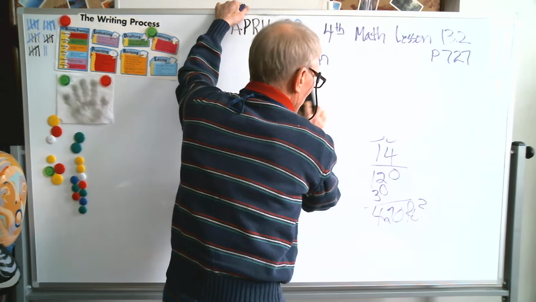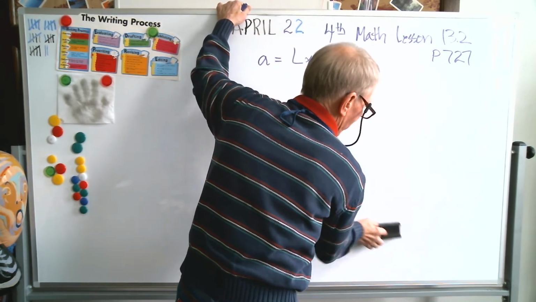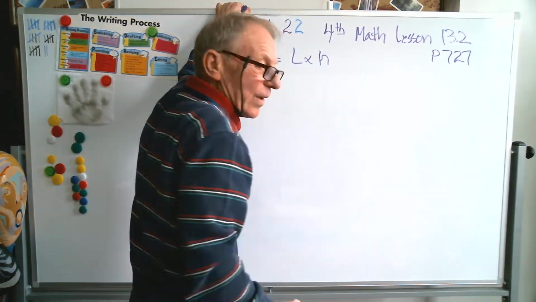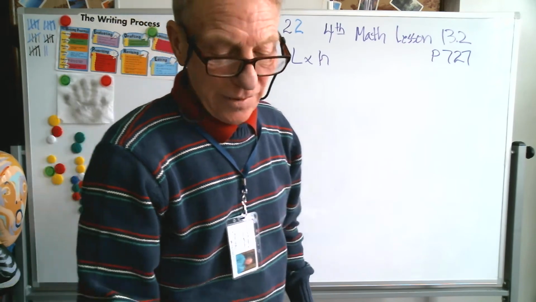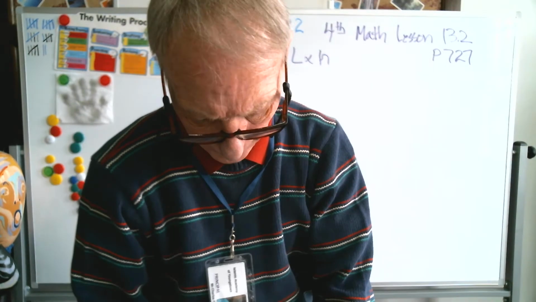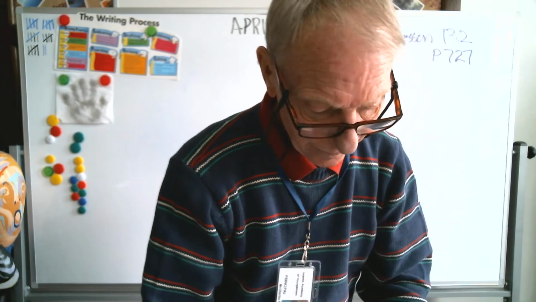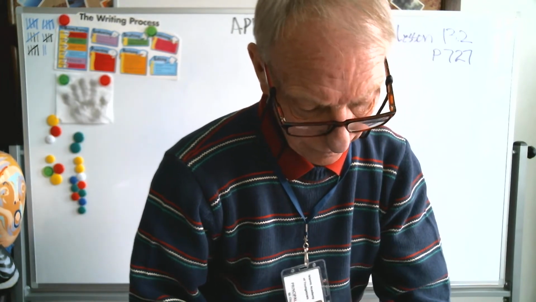Now, when figuring area, where this gets a little complicated in this chapter is when you have an unusual shape. And there are no unusual shapes.